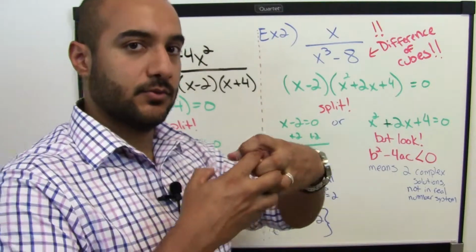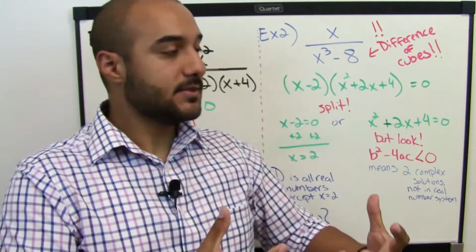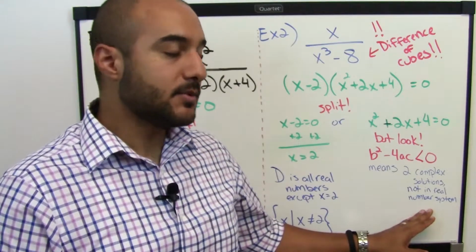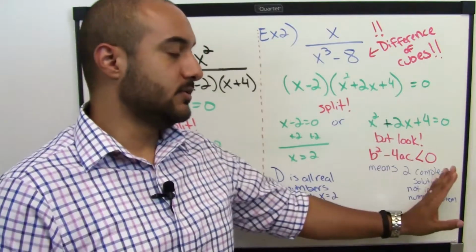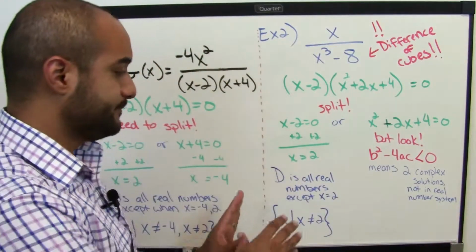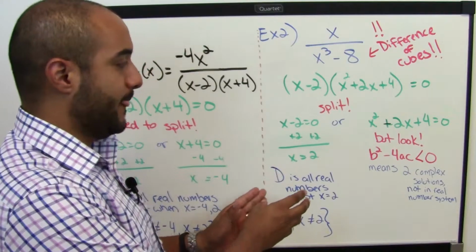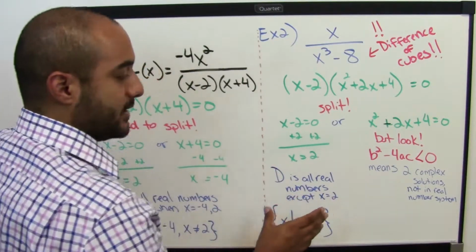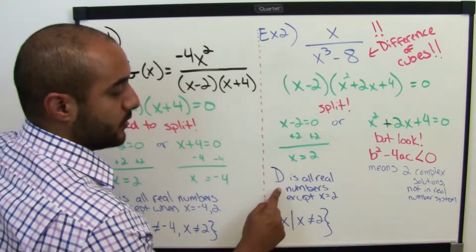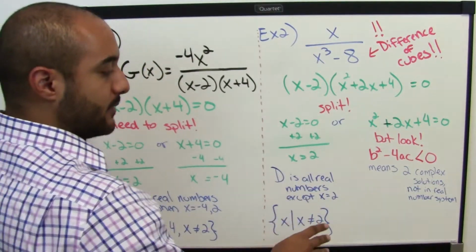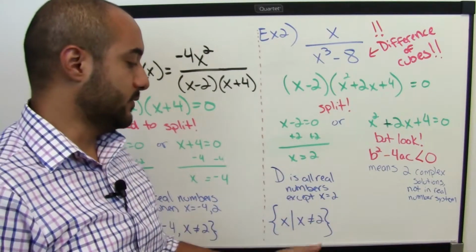Remember, complex or non-real numbers, they're not in the real number system. So I don't have any real numbers here to mess with. So I don't take this into account. And I only get one exception here for my domain. So I don't worry about this. I only care about this one. So my domain is all real numbers except where x is equal to 0.